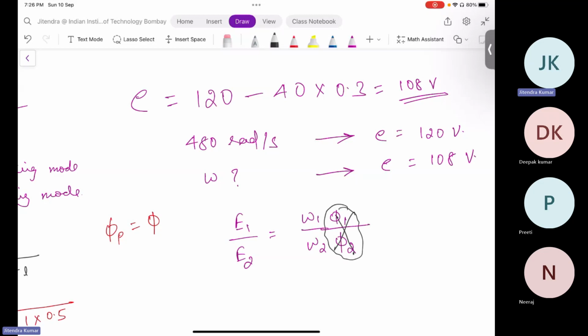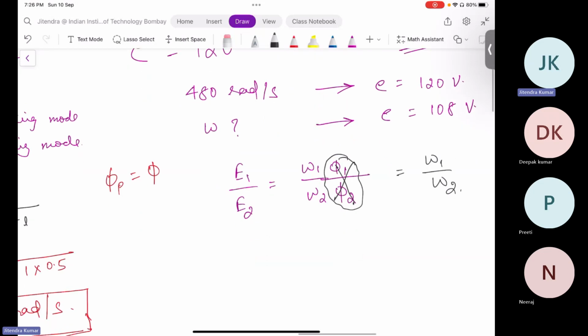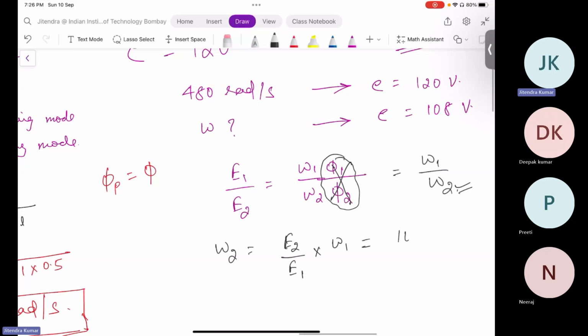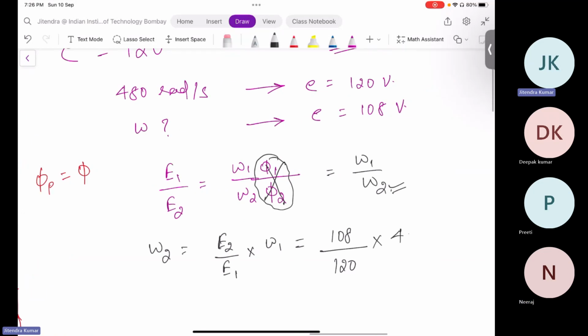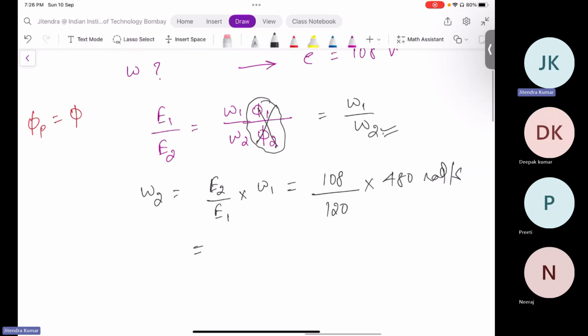So essentially it is equal to omega 1 by omega 2. Now we have to find out this omega 2. So omega 2 will be equal to E2 by E1 into omega 1. E2 is 108, E1 is 120, omega 1 is 480 rad per second. Now please calculate it for me. What will be the value of speed? And that will be your answer.